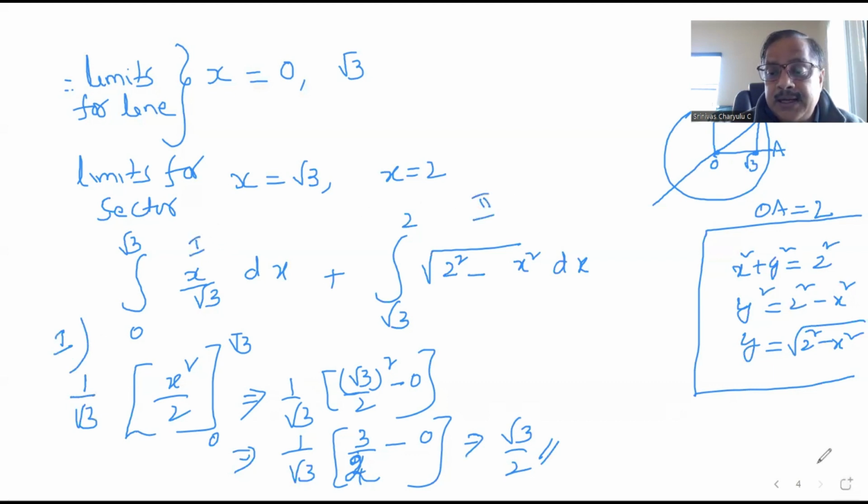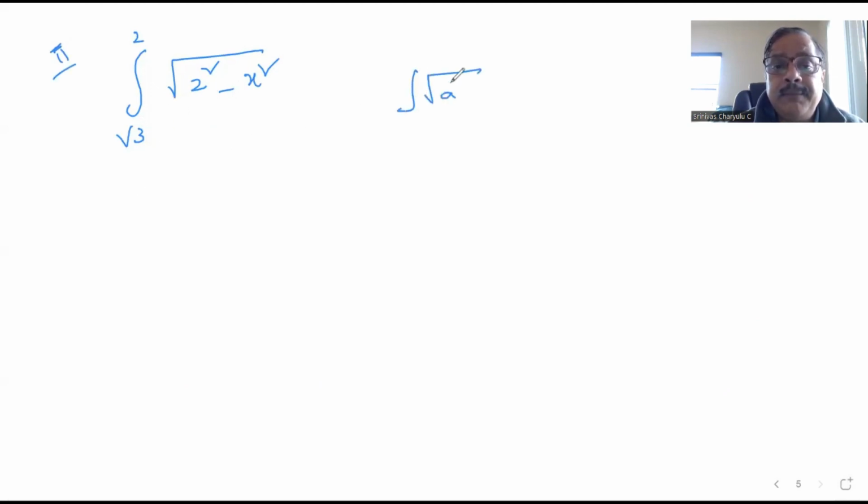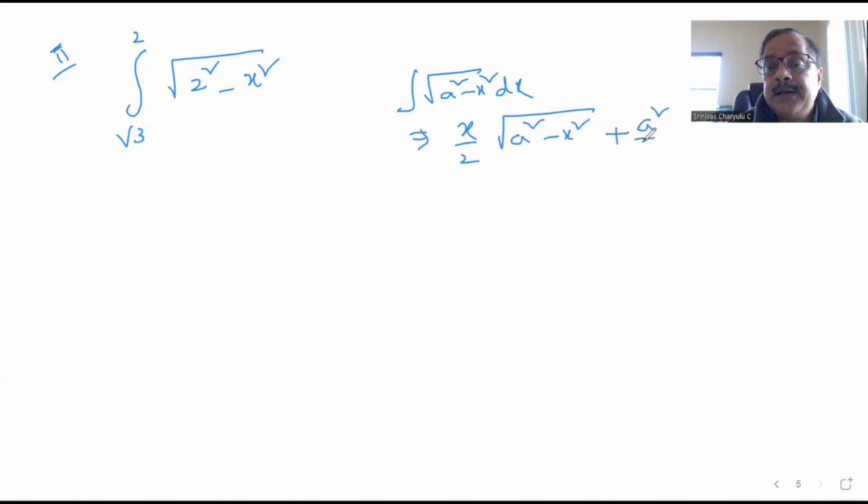Now we will evaluate the second integral: integral from root 3 to 2 of root of 2 square minus x square. So what is the formula for root of a square minus x square? The formula is x by 2 root of a square minus x square plus a square by 2 sine inverse x by a.